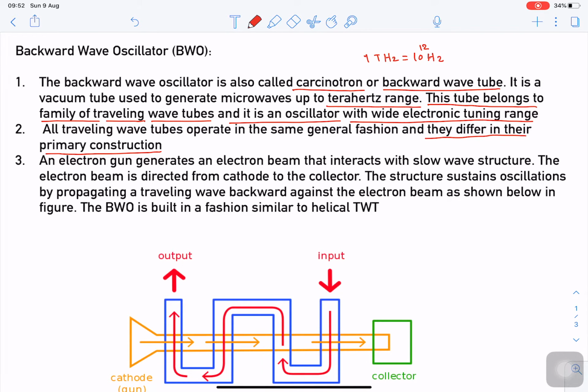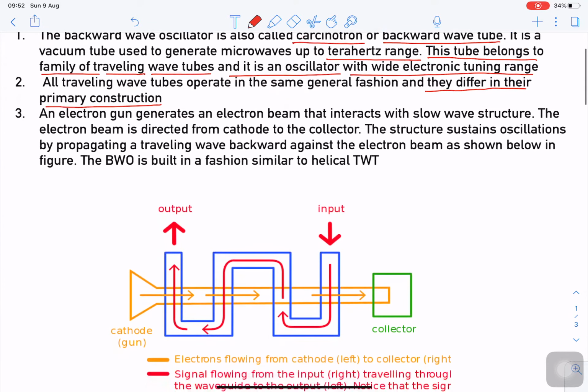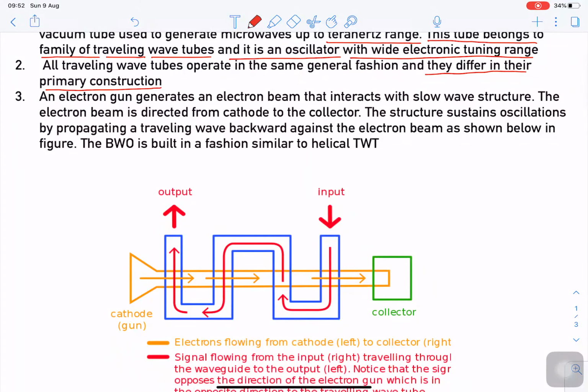In both of these tubes, the wave is traveling in nature. In the traveling wave tube amplifier, the wave is traveling in the forward direction, and in this particular microwave tube, the wave is traveling in the backward direction. So construction wise, how are these different? Let us see how the construction of a typical backward wave oscillator looks.